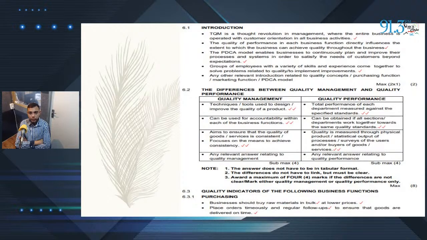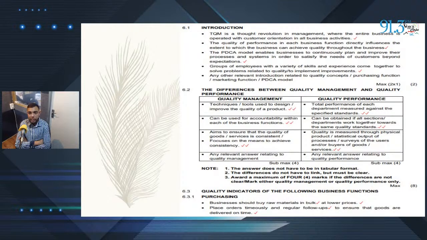6.2, the difference between quality management and quality performance. You're going to have two bullets by quality management and two bullets by quality performance. So, quality management: techniques or tools used to design or improve the quality of a product and can be used for accountability within each of the business functions.